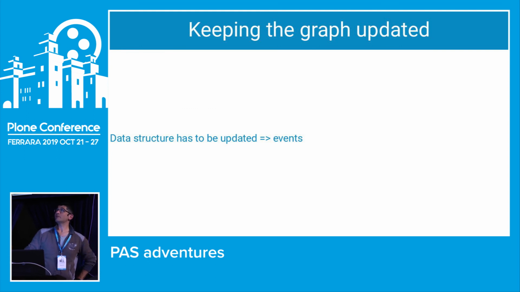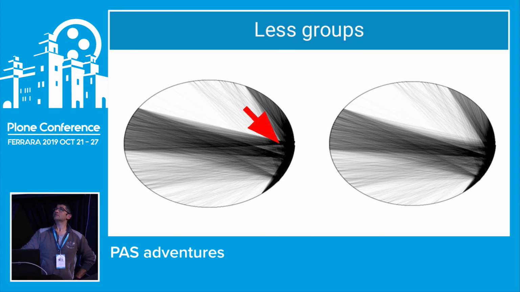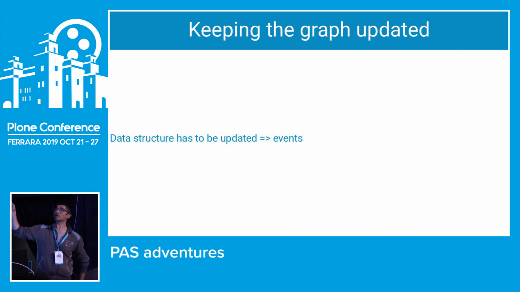And to keep the graph updated, of course, we needed some sort of events. Luckily, all the plugins and PAS were notifying all the events that we needed. So basically, with this recursive group plugin, we could have all the information about our organization that we wanted, really in a fast way.